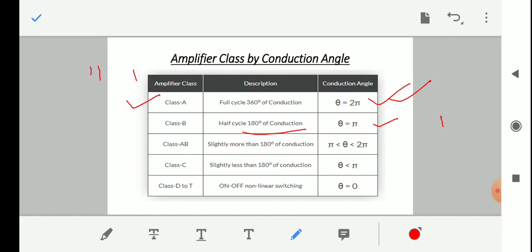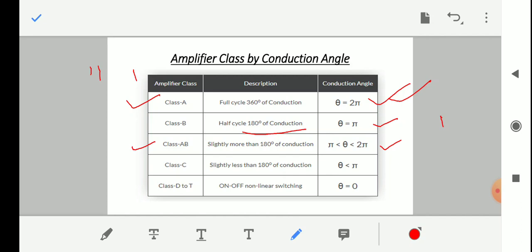To avoid these two problems in class A and class B amplifier, class AB amplifier is designed in which the output is obtained for slightly more than half cycle of the input signal. So the conduction angle for the class AB amplifier is greater than pi and less than 2 pi, that is in between 180 degree to 360 degree.